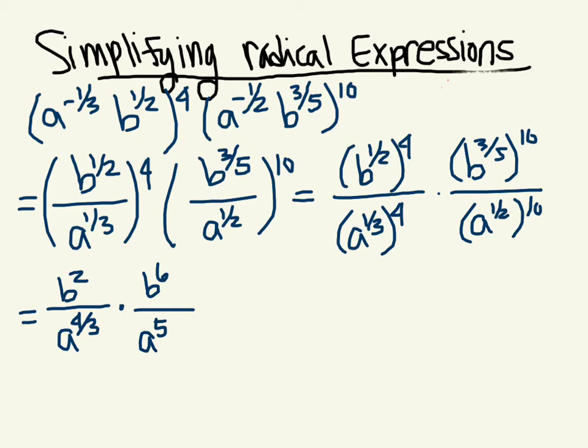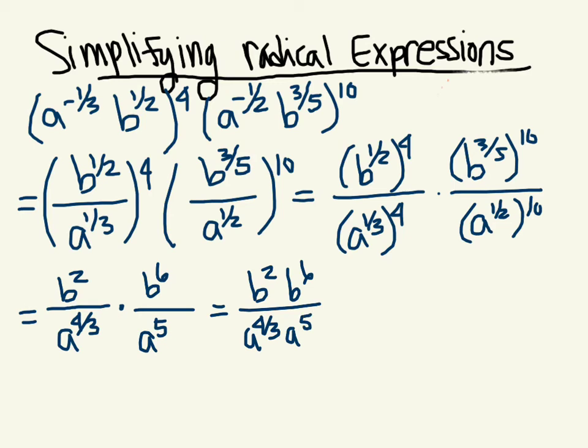In order to multiply fractions, like we learned in chapter 5, we just multiply the numerators together and then multiply the denominators together. So I can really just write them together: b squared b to the 6 over a to the 4/3 a to the 5.